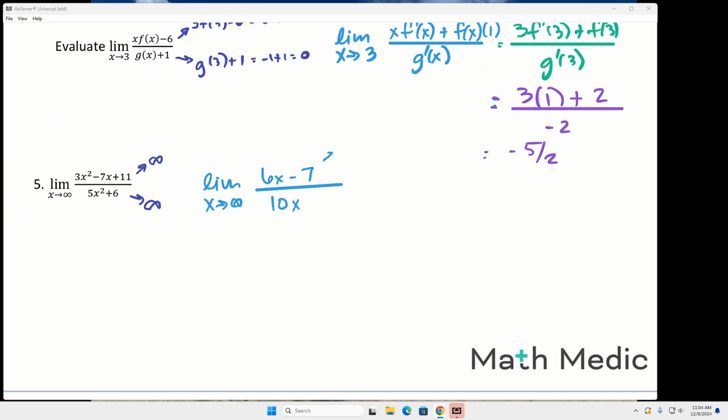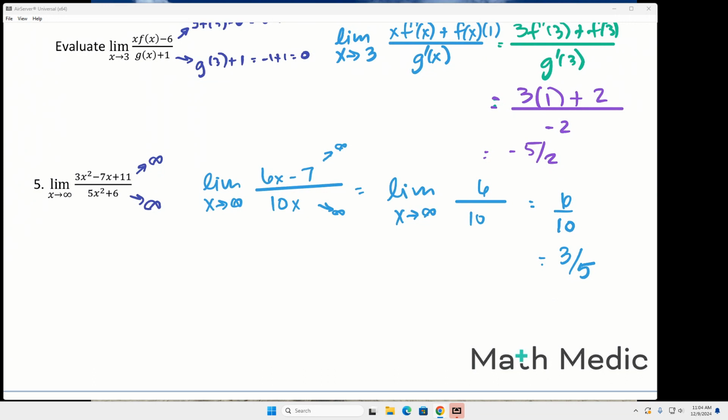All right, looks like that's still going to be infinity over infinity. So I can find the derivatives again. So that is going to be a limit of 3/5.